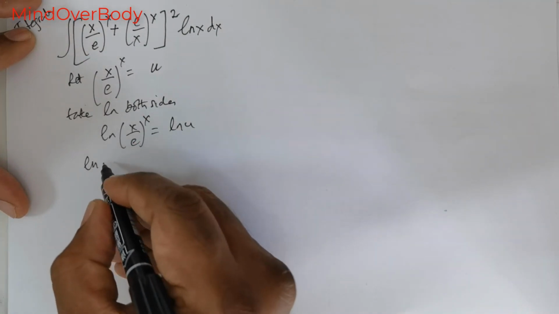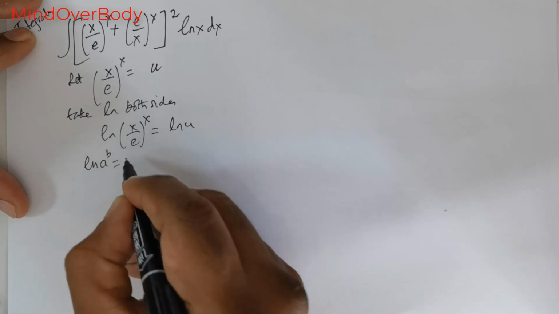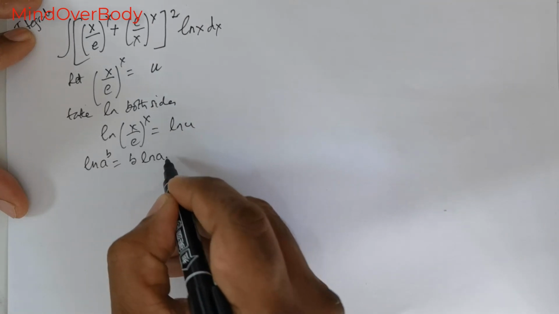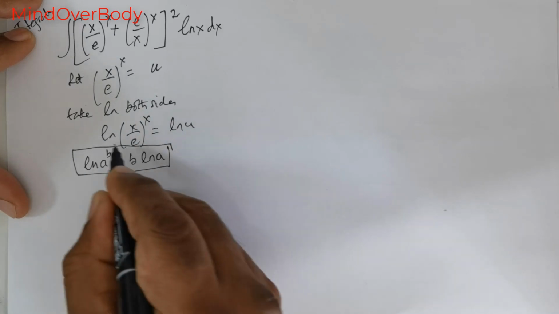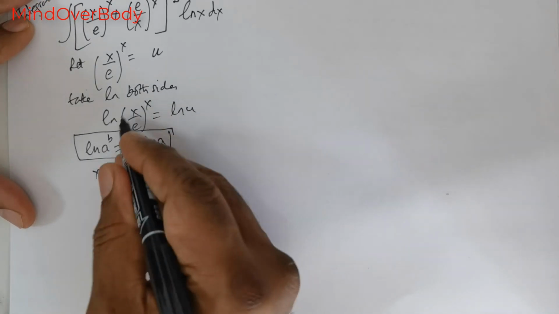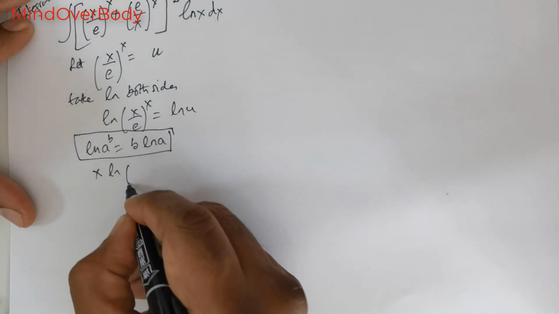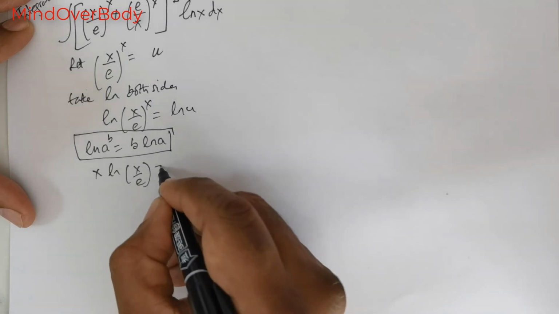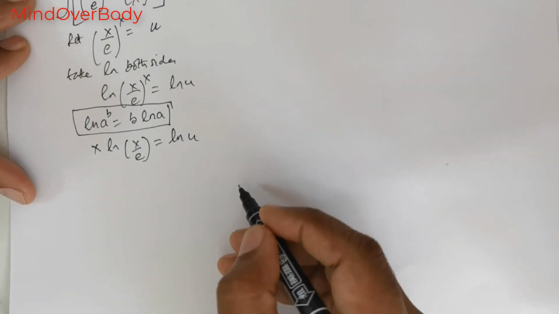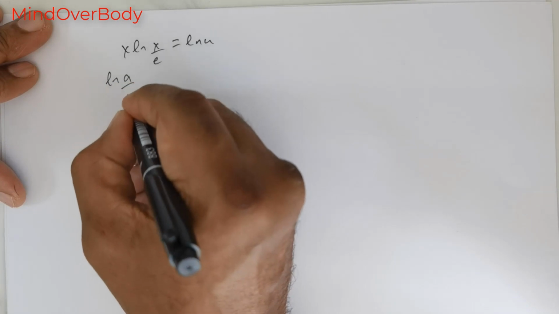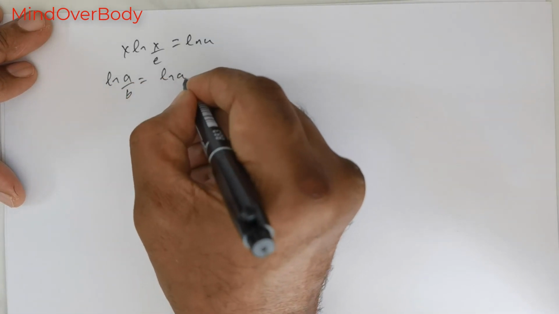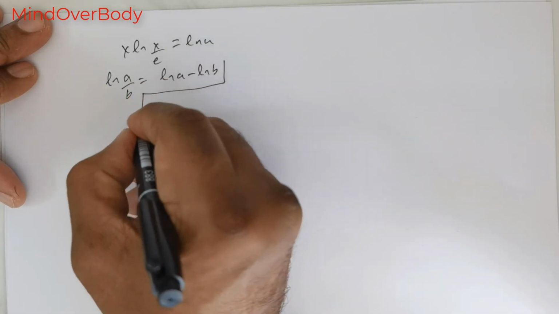There is a formula in logarithms: ln a^b is equal to b times ln a. By this formula, I can rewrite this as x times ln of x over e is equal to ln u. Now I also have a formula: ln of a over b is equal to ln a minus ln b.